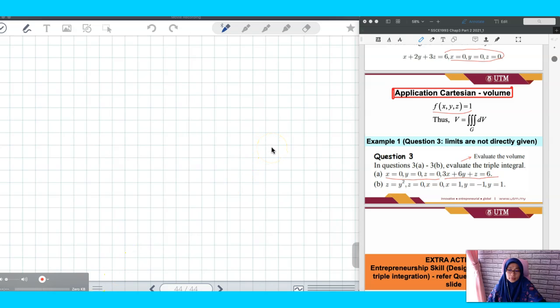Okay, so next again about the volume. So we have the solid, which is based on the given equation in 3b.